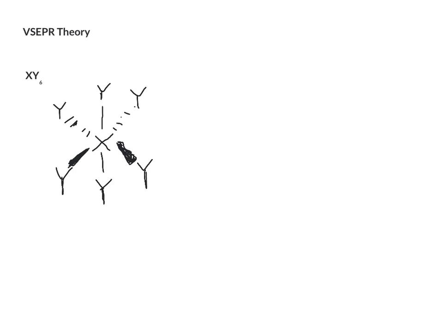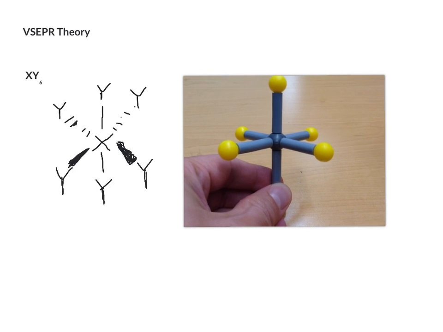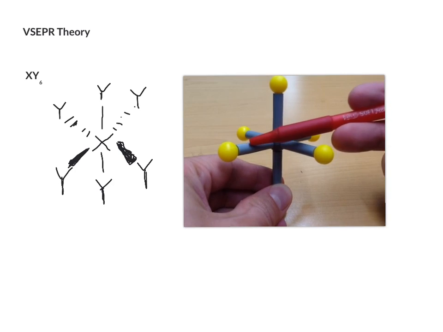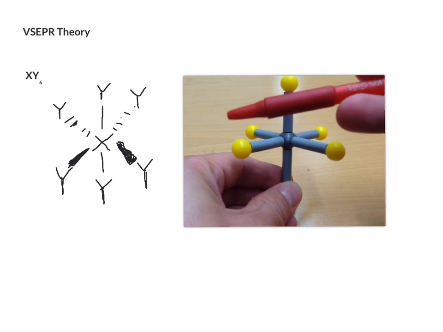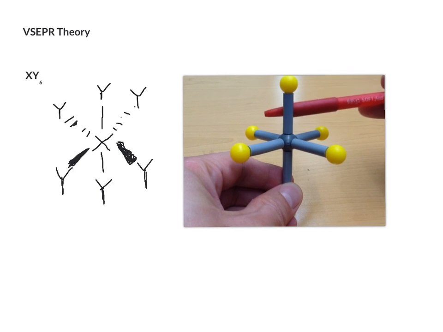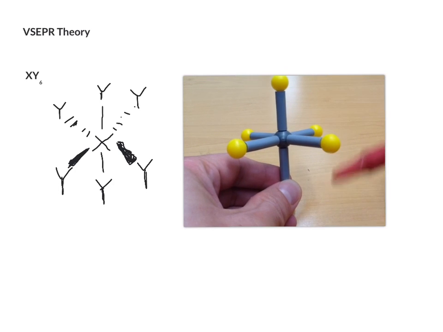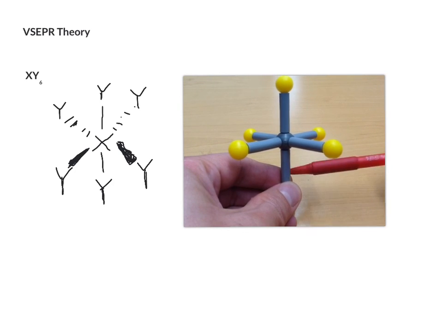I'm going to show you a model to translate this into 3D. So this is the octahedral geometry. You can really see these bonds are the wedges coming out at you. These bonds are the dashes going away from your eye. And then these are the bonds on the lines.